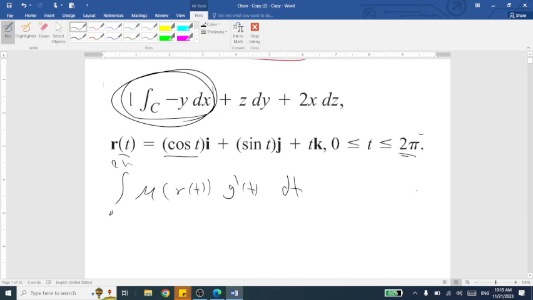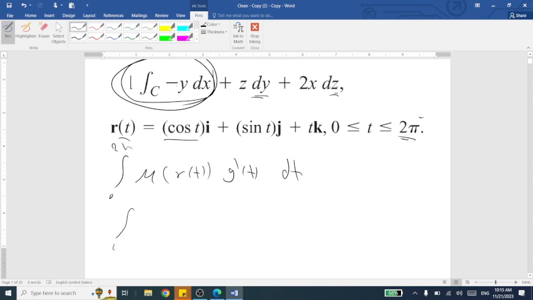How many parts do we have? 3. We have dx, also dy, also dz. Now let me change the first one. I say it is equal to the integral from 0 to 2 pi of M. Here's M. M is equal to what? This is x, y, z. M is equal to minus sine t. Do you agree with me? This is minus y.